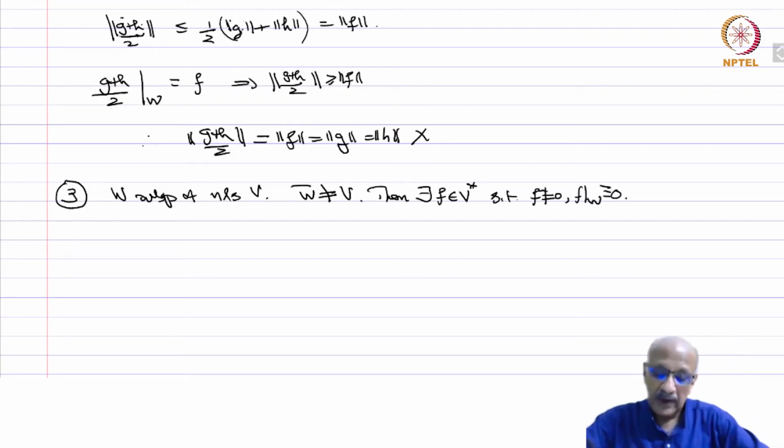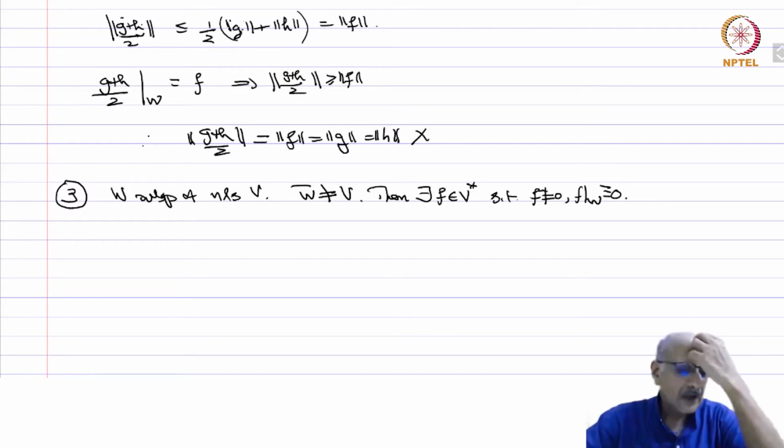This is the way of proving subspaces are dense. We used to prove this using the separation of convex sets. Now we want to do it using the extension method.